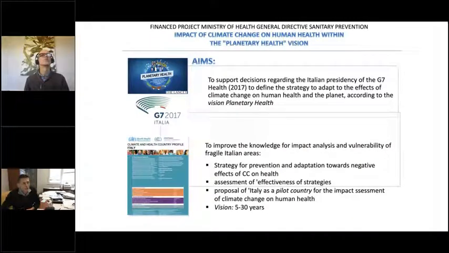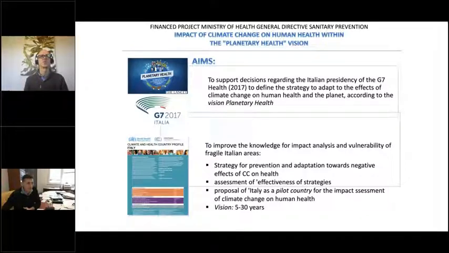But we tried in the past to pass this concept and to manage in a prevention way the determinants of climate and environment into health.